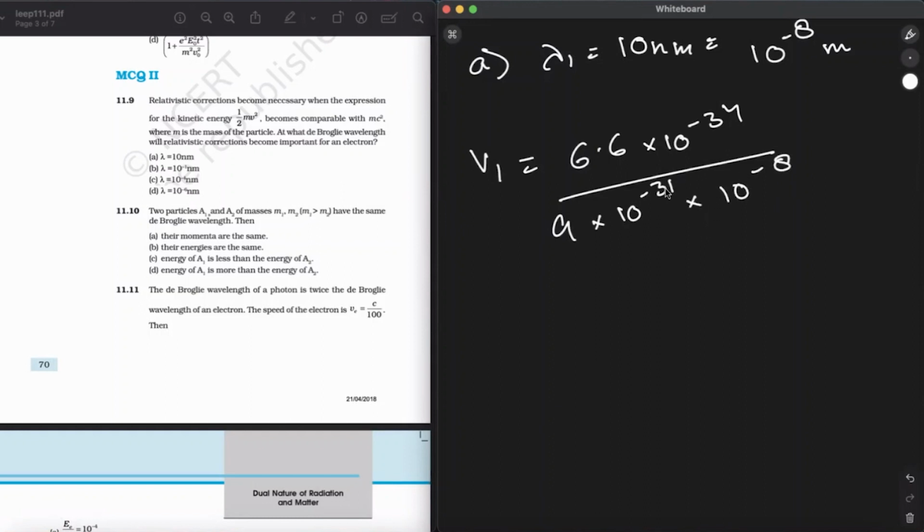So solving this, it is in the range of 10 to the power of 5 meters per second. No, this is not the condition for it. So option A is wrong. Now we'll check the velocity for option 2.